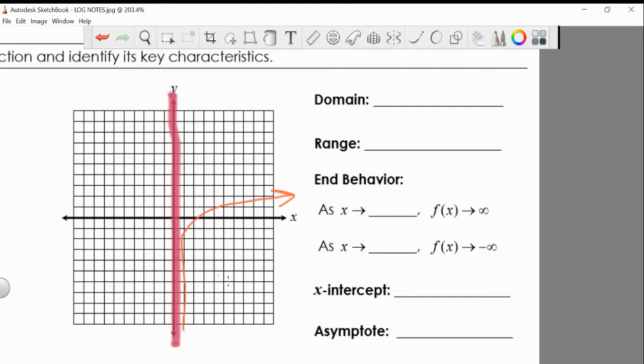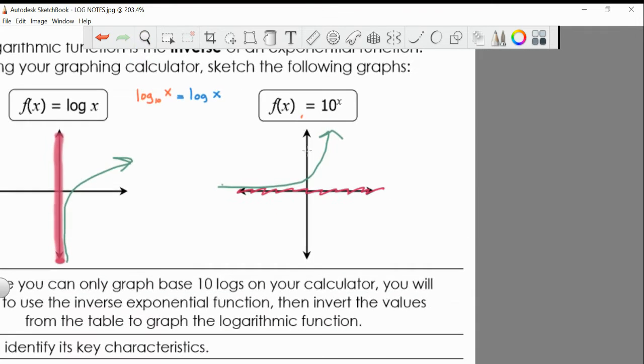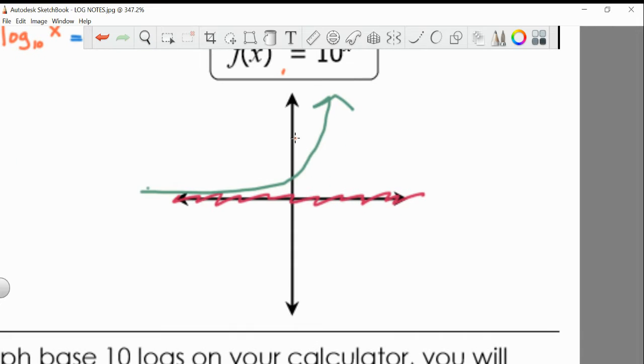Now, working with these, like I said before, all of our answers are going to be opposite of what they were before, okay? If you remember working with our exponential graph, we had domain, all real numbers, right? Every time the domain was all real numbers.